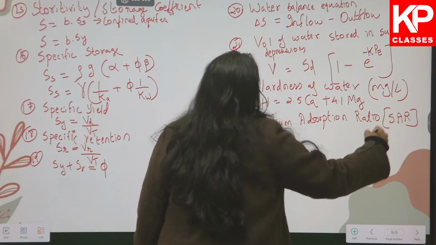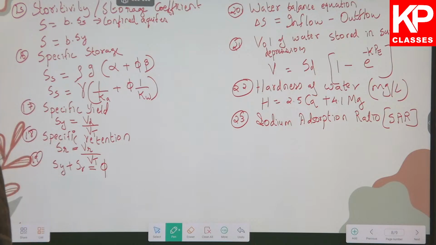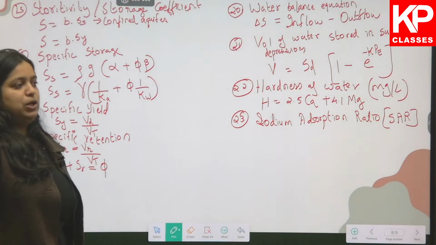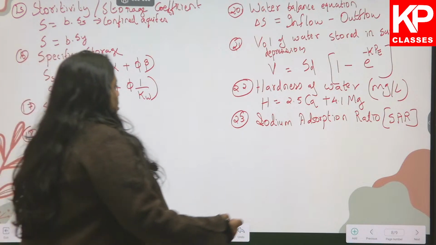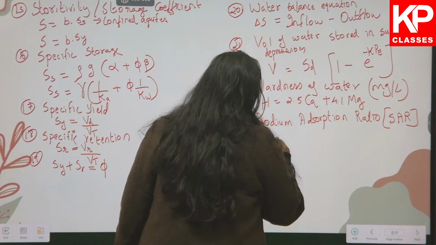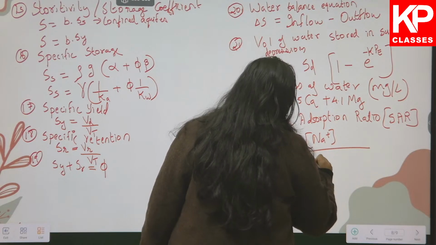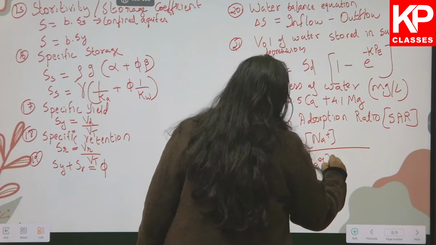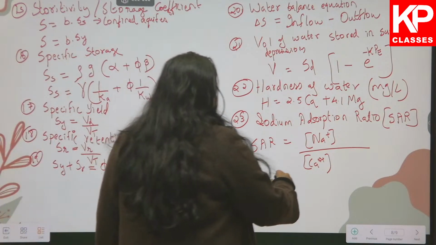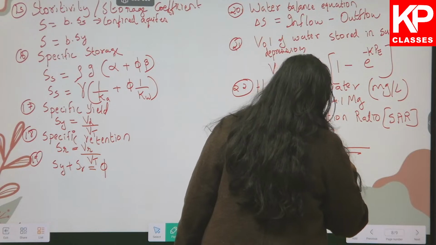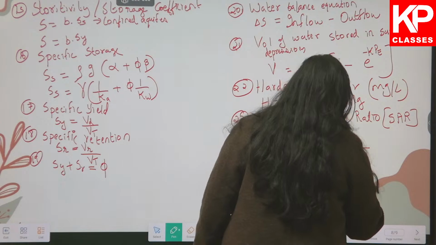SAR, sodium adsorption ratio, is the measure of the sodium content in the soil, which is equal to the amount of Na+ divided by the square root of (Ca2+ plus Mg2+) divided by 2.